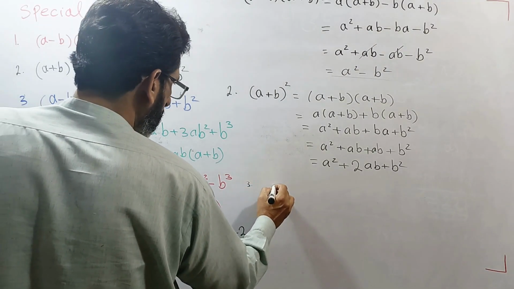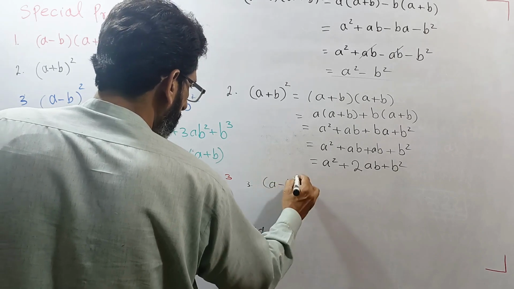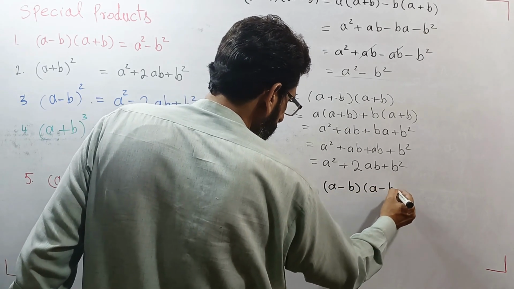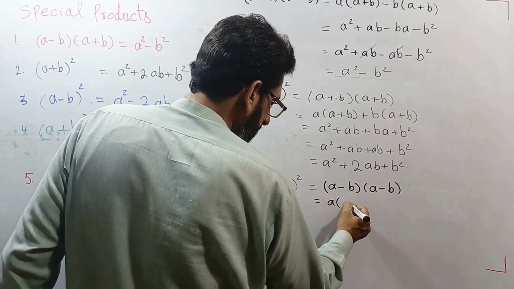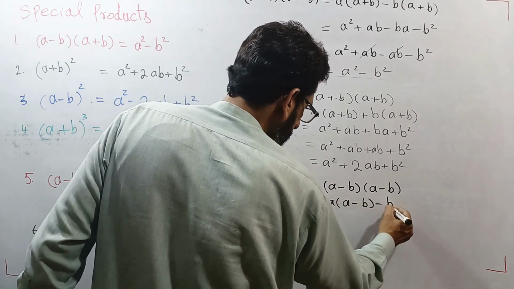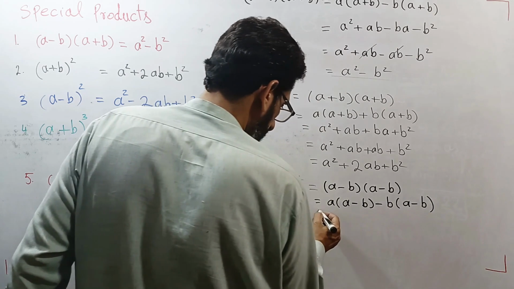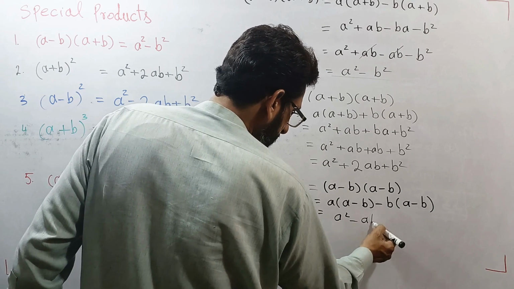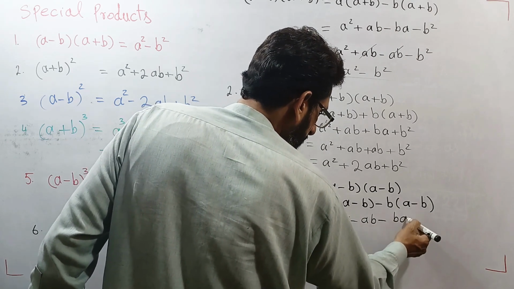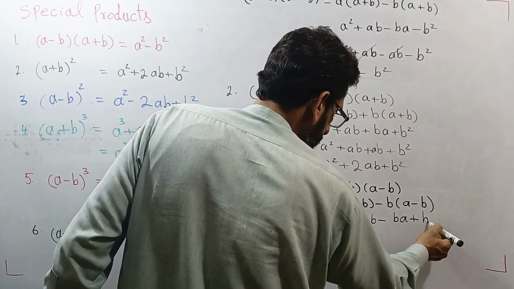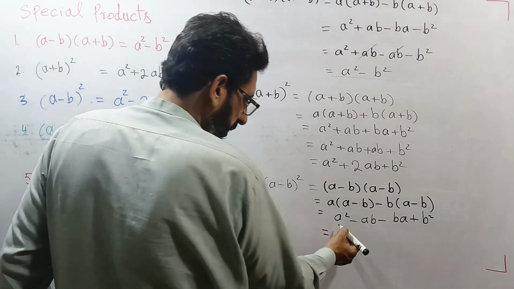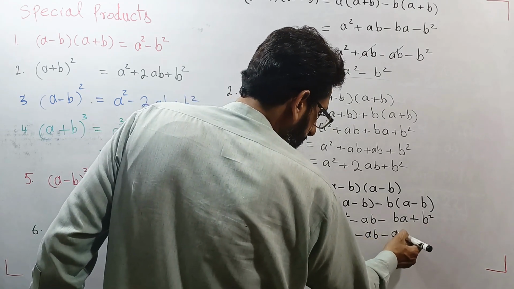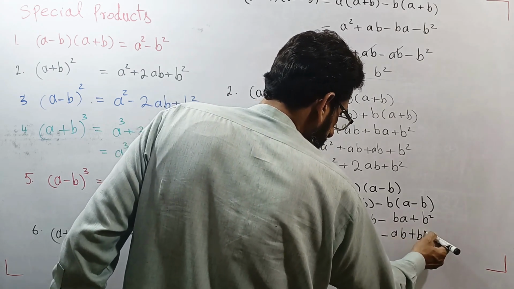Number 3, (a − b)². We can write it as (a − b)(a − b). We multiply a with a − b, and then −b with a − b. Here a·a is a², minus ab, minus ba, plus b². a² − ab, we commute it, becomes ab, plus b².